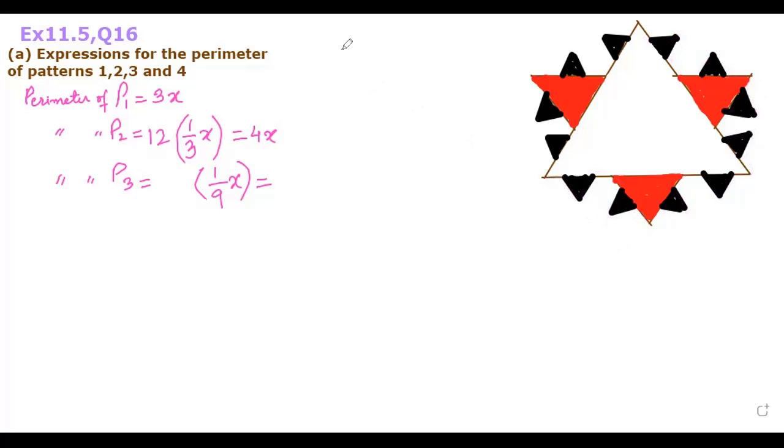So 48 lengths are there. So what should we do here? We multiply this 1/9 x by 48. So this will be 16/3 x.